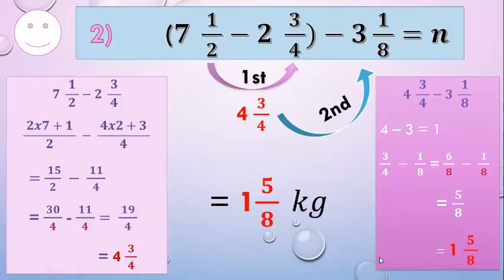For our equation 2, we also have 1 and 5/8 kilogram. See, that's magic. That's what you call magic in math, as long as you are going to use your magic wand properly. Okay, don't throw your magic wand so that you can arrive with the correct answer.